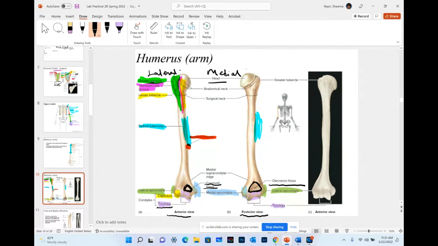So coronoid fossa is present on the anterior surface, the shallow depression, and olecranon fossa is present on the posterior surface, which is the deeper fossa. Now, if you know medial, lateral, anterior, posterior, you should be able to figure out what side bone it is.